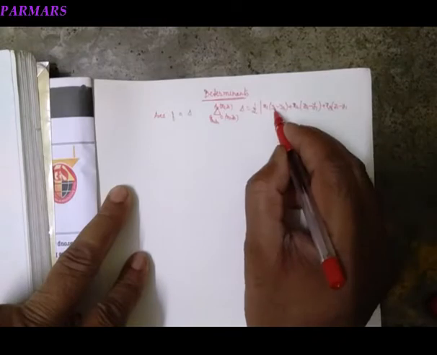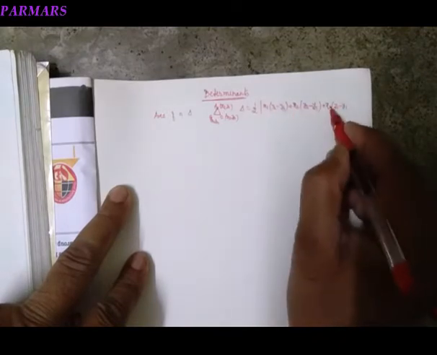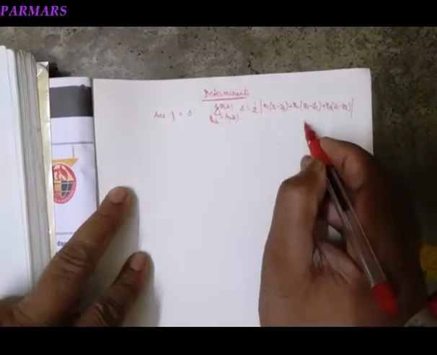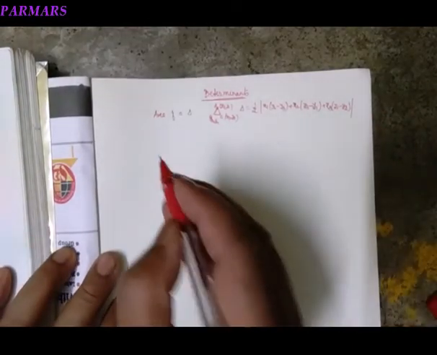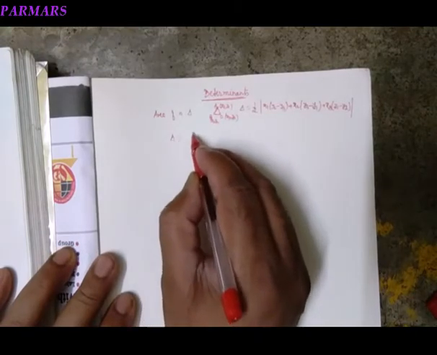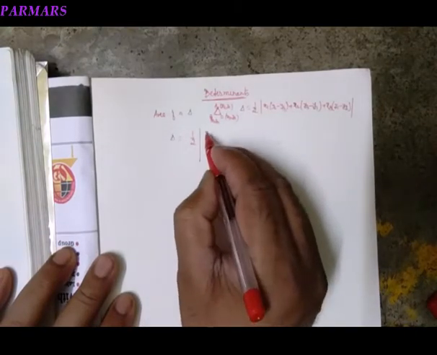This is the formula. Now in class 12, it becomes that the area of the triangle is half of the determinant.